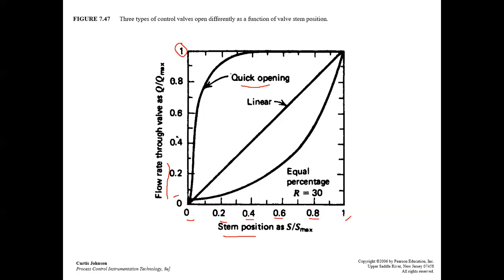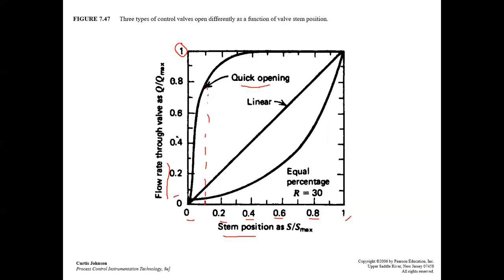For the quick opening, only a very small amount, like 10% at this point, for example, is enough to make the valve 80% open.